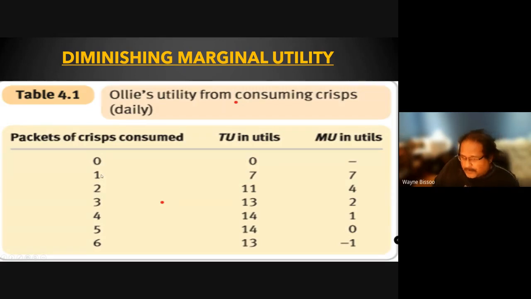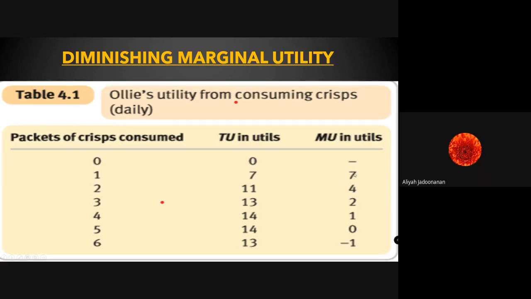So when Ollie consumes the first packet of crisps, he experiences 7 utils of satisfaction from that one unit. So his total utility at that point will be 7. Therefore, the change is 7 minus what he was experiencing before, which gives us 7. You all understanding that? 7 minus 0 is 7. Making sense?